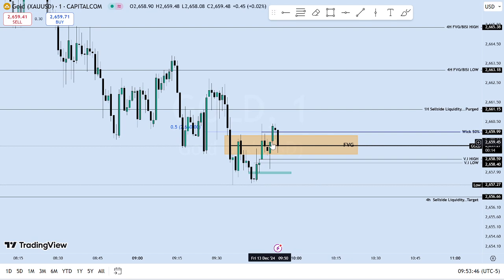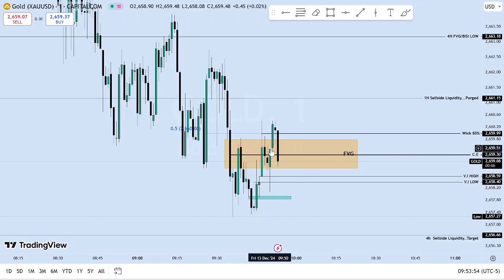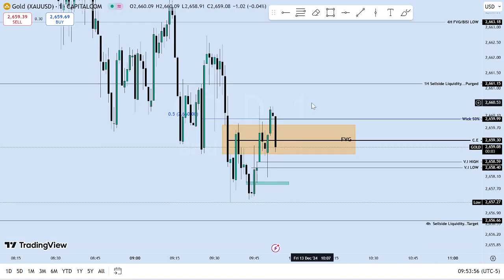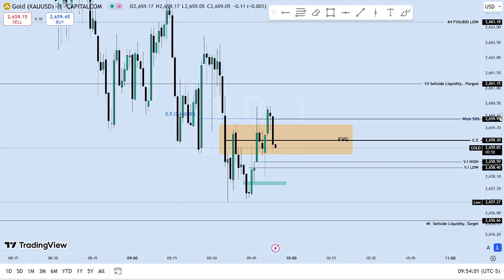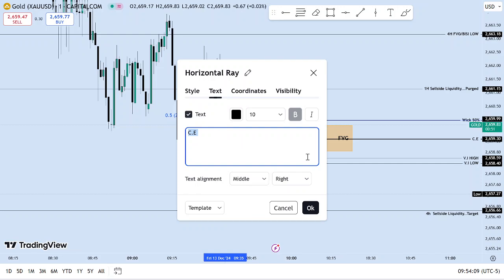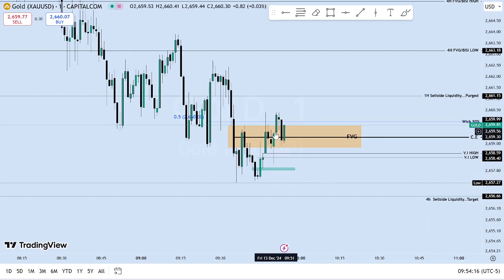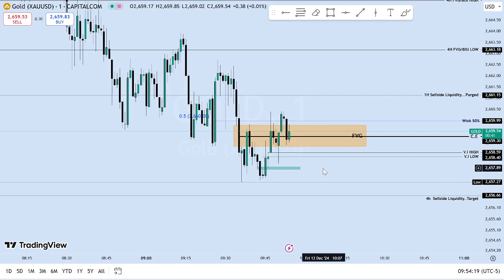A small inefficiency, volume imbalance. Want to see price take this slope. Break below the consequent encroachment. The body.